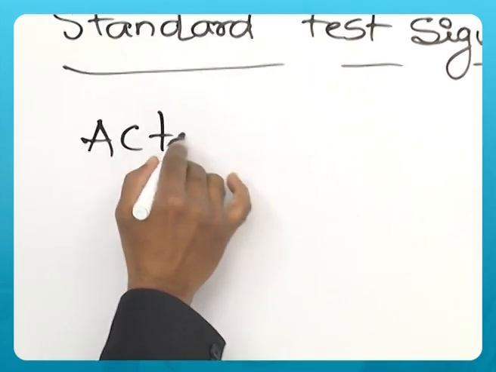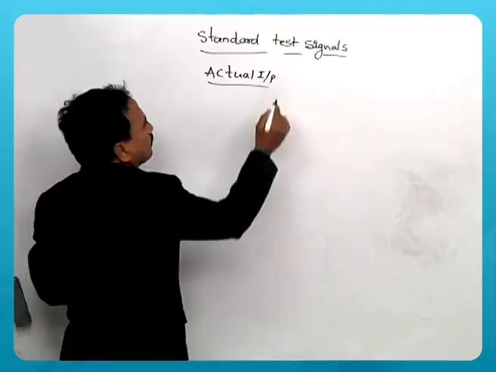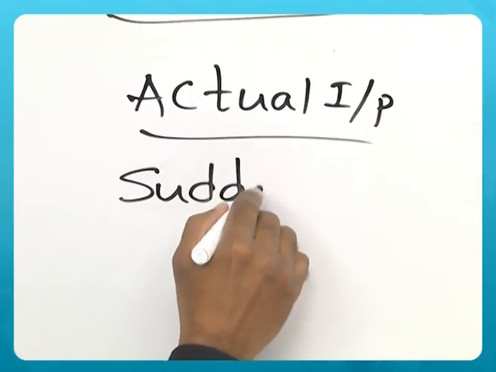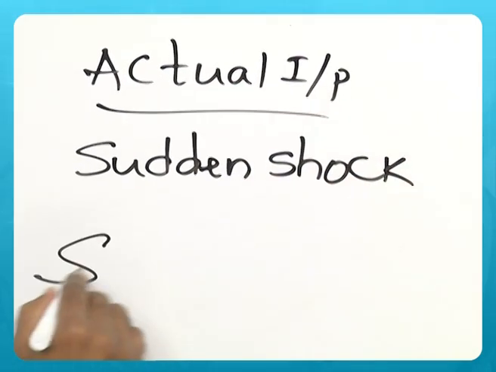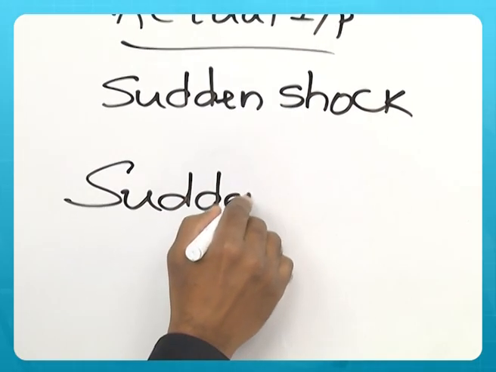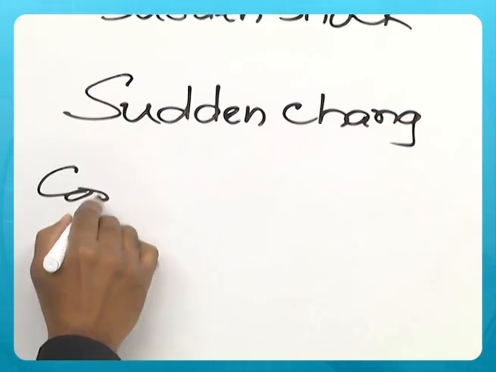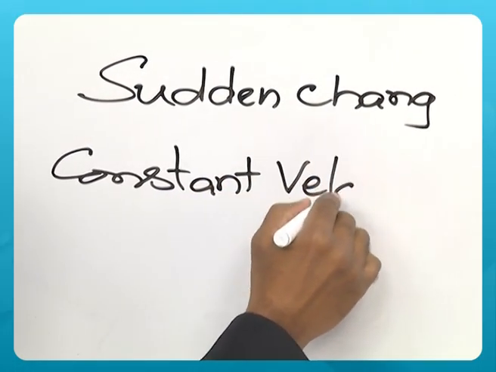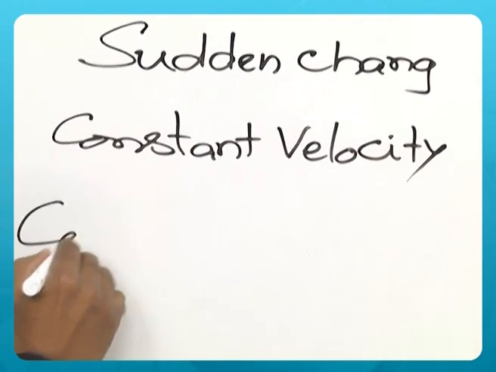Actual inputs to the control system are sudden shock, sudden change, constant velocity, and constant acceleration.